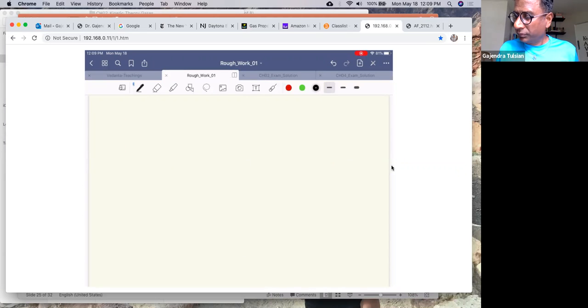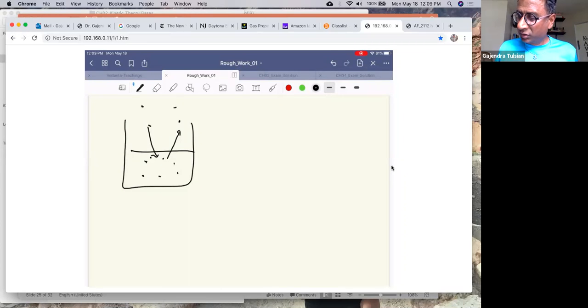Let's say you have a glass of water in a room. If it's 100% humidity, the number of molecules coming in from the air and merging with the water in the glass is equal to the number of molecules escaping from the glass.